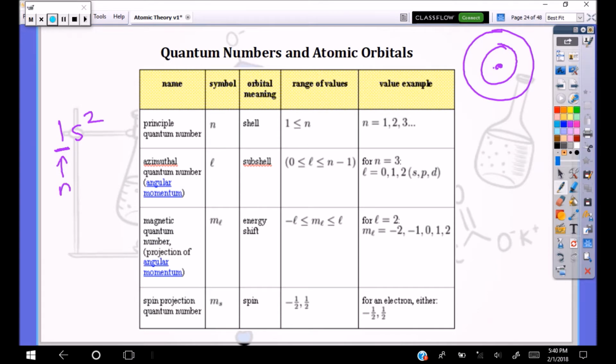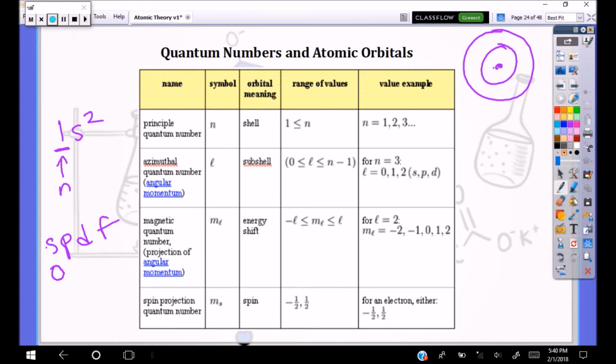We also have the angular momentum quantum number. The angular momentum quantum number represents our subshell. By subshell, I mean S, P, D, F, and we start by assigning S a value of 0.